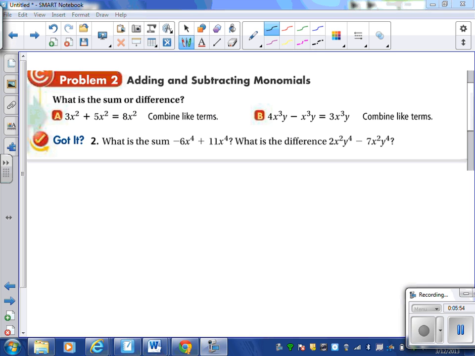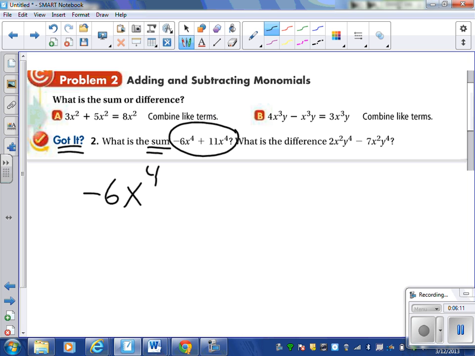Let's take a look at the guided problem. Look for the word sum. The sum being, that's correct, add. So I'm going to take these two numbers, negative 6x to the fourth power plus 11x to the fourth power.